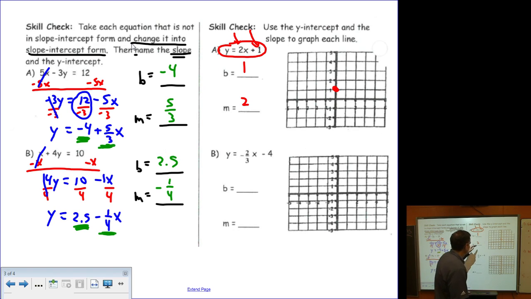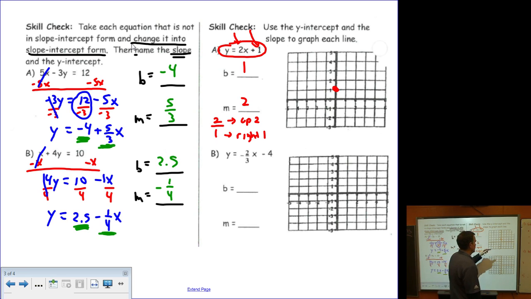And we take the slope, which is 2. Now 2 is not a fraction, so we might want to think of it as a fraction by putting it over 1. And the top number is telling me to go up 2, right? The top number says go up or down. Since it's positive, I'm going to go up. And the bottom number is telling me to go right 1.